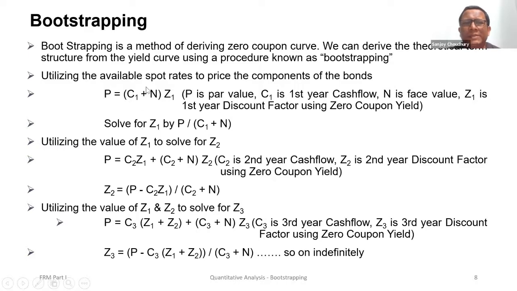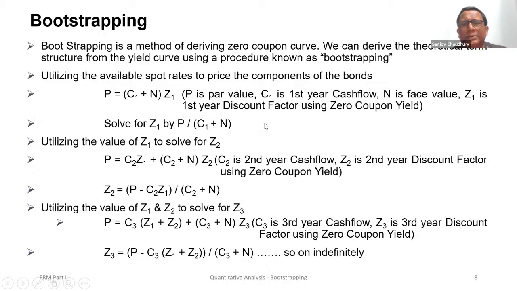N is the face value. After 1 year, you'll get a cash flow of C1 plus N, multiplied by Z1, which is the first year discount factor using the zero coupon yield. You solve for Z1, the first year discount factor, and get P divided by C1 plus N, and from there you get the zero coupon yield.